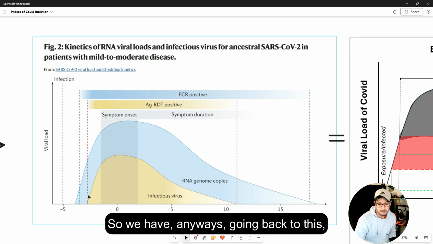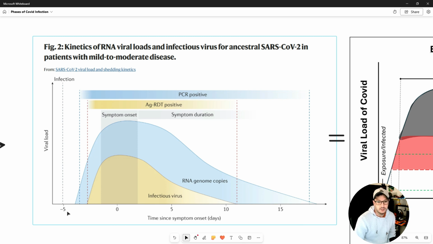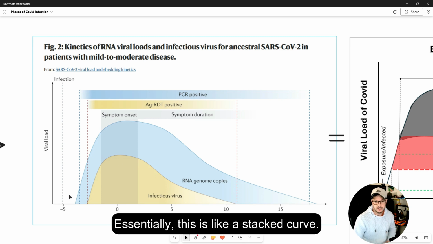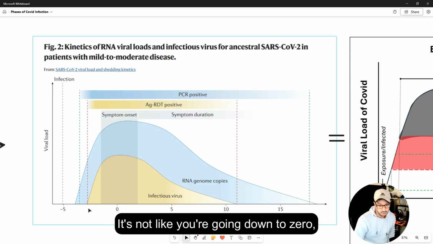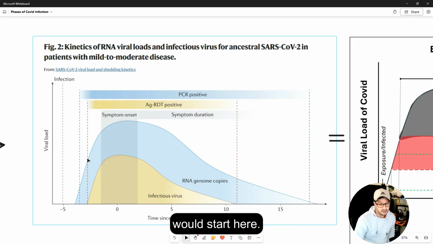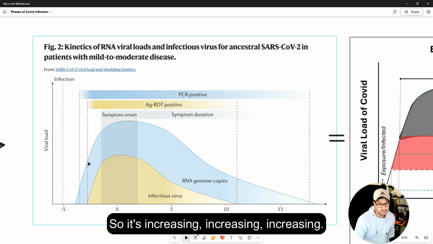Anyways, going back to this yellow curve down here, this inner curve. Essentially, this is like a stacked curve. We're saying you're building viral load. It's not like you're going down to 0, but you're building viral load. And then this yellow curve technically would start here. If we cut here, from here to here, that's what this infectious viral load is. So it's increasing.